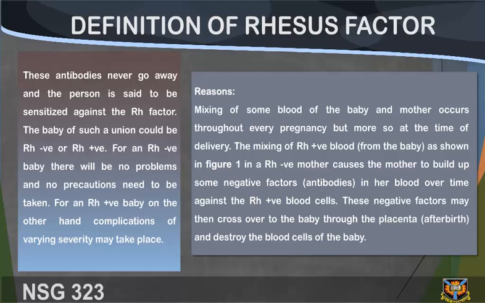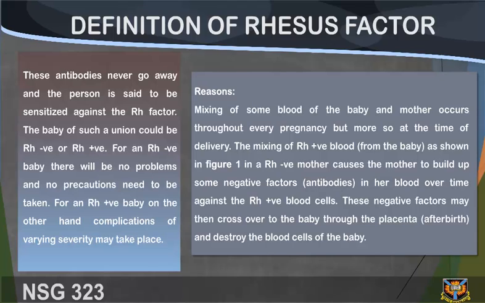For an Rh positive baby, on the other hand, complications of varying severity may take place. Reasons: mixing of some blood of the baby and mother occurs throughout every pregnancy, but more so at the time of delivery.